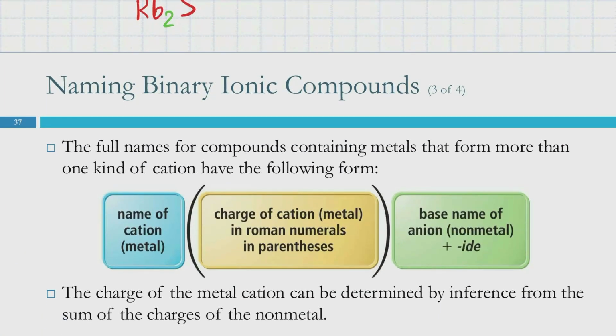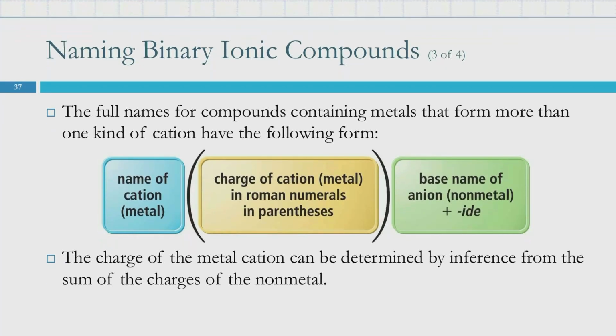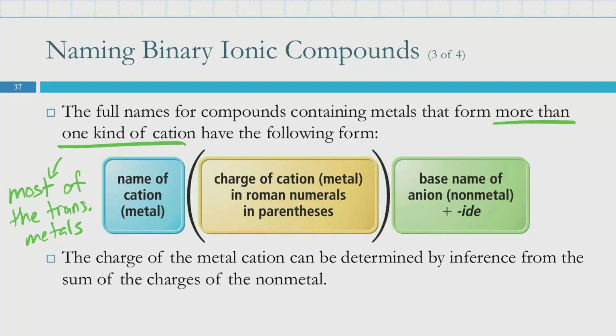There is another type of binary ionic compound. So if we have more than one kind of cation, this is most of the transition metal elements. Most of our transition metals can form more than one charge. So like chromium and iron and copper and gold. These can form more than one type of cation.